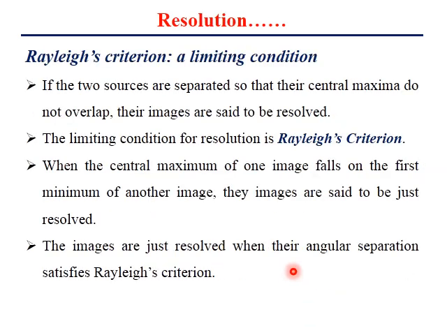Now when we talk about resolution, another very important thing is that there is a limiting condition, which is known as Rayleigh's criterion. Now what is that Rayleigh criterion? If the two sources are separated so that their central maxima do not overlap, their images are said to be resolved.